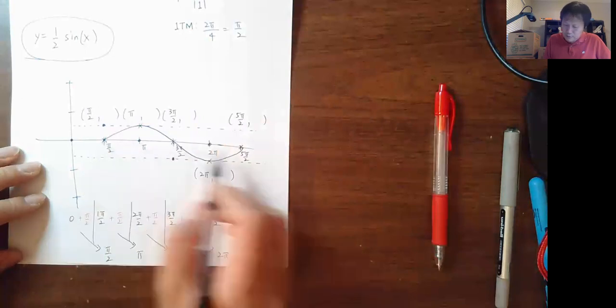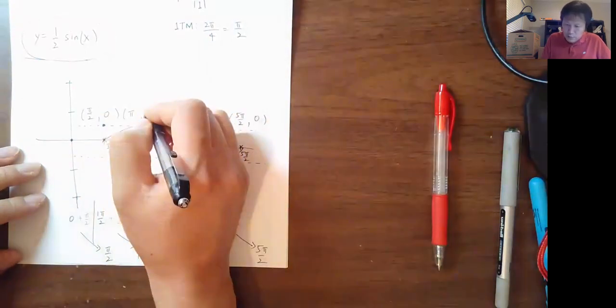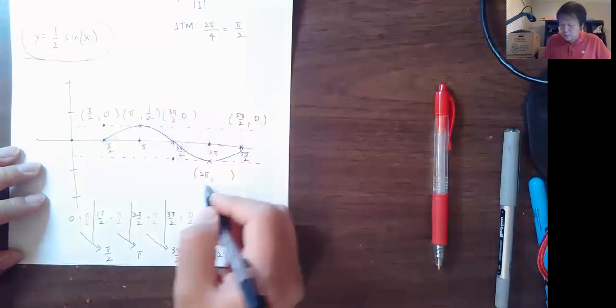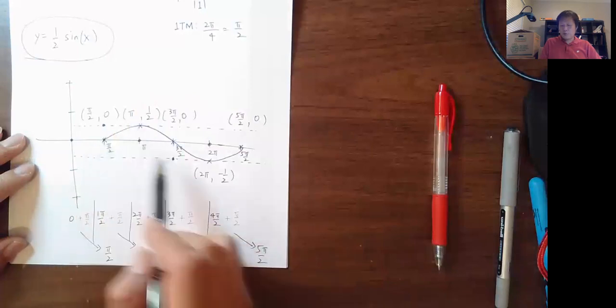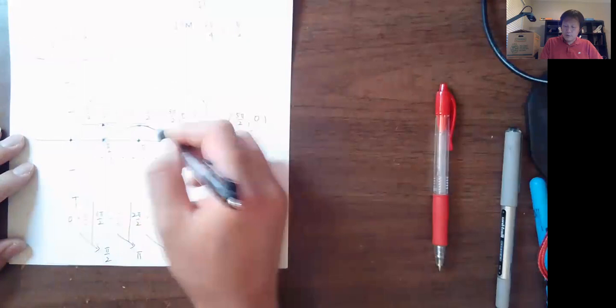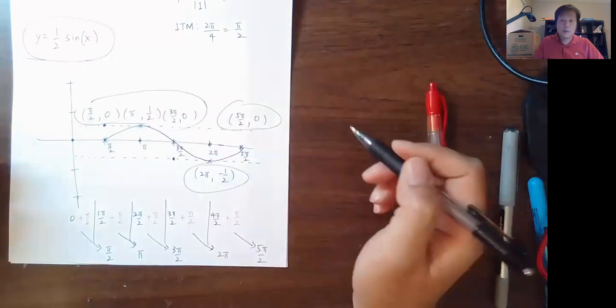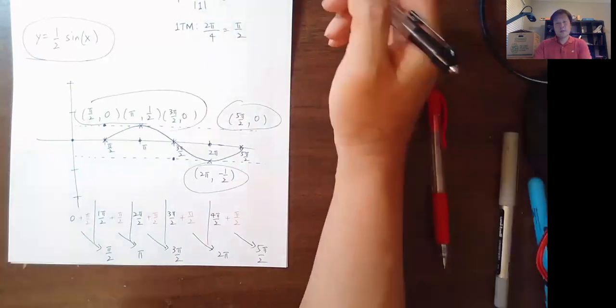That's middle, middle, middle, 0, 0, 0. Maximum was what? 1 over 2. Minimum was minus 1 over 2. So I gave you 5 points. All of these are the coordinates you have to plot on the graph.